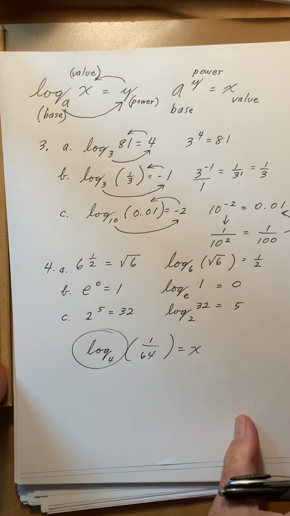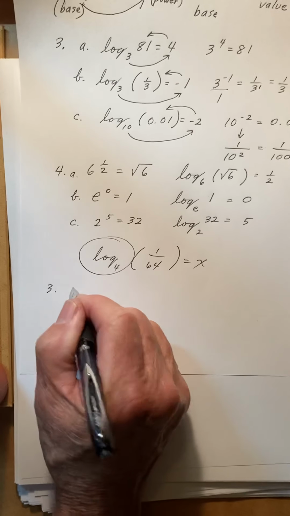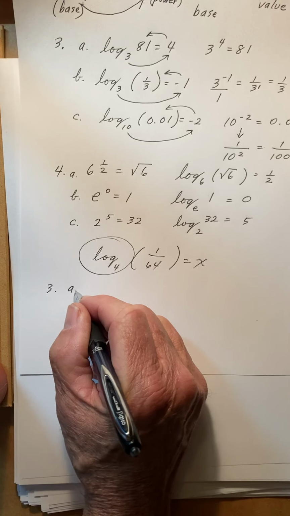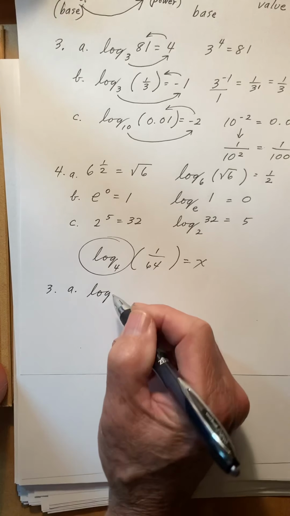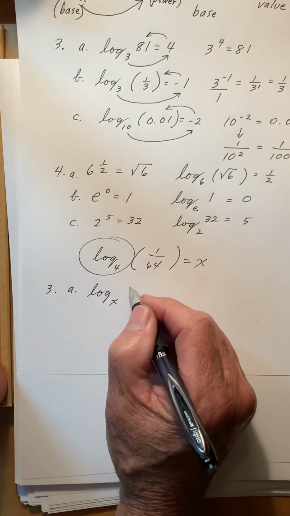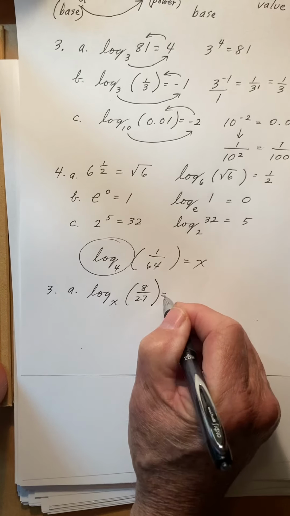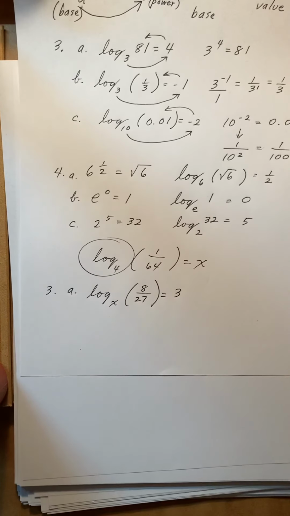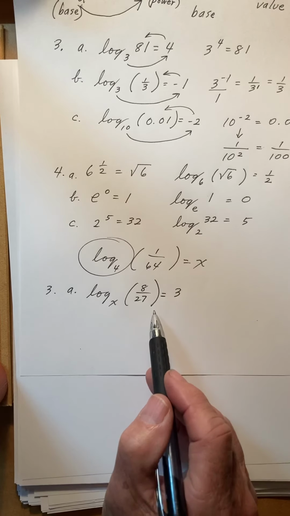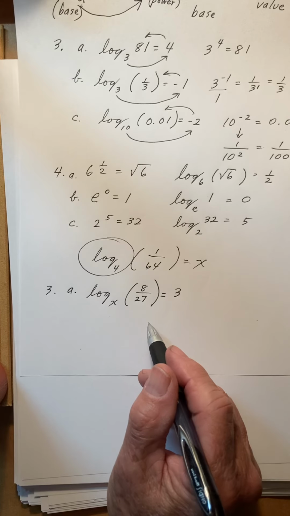Now we're going to look at some examples where we solve logarithmic equations. Under number 3, part A, we have the log base x of 8 over 27 equals 3. Now, normally when you have a logarithmic equation, to solve it, you turn it into an exponential equation.